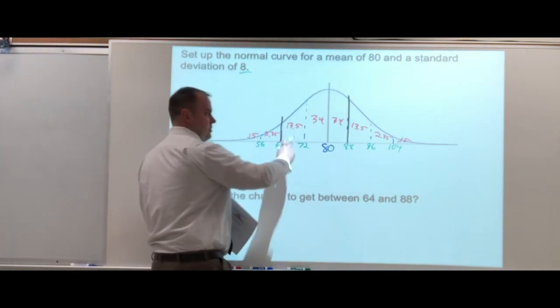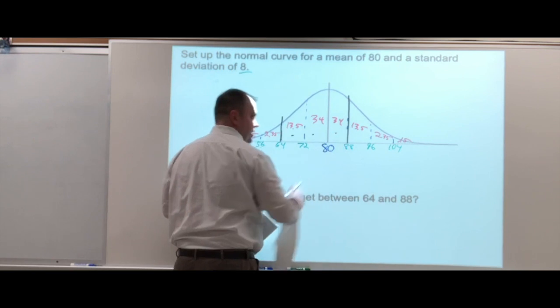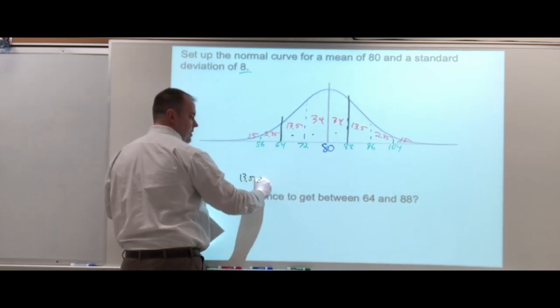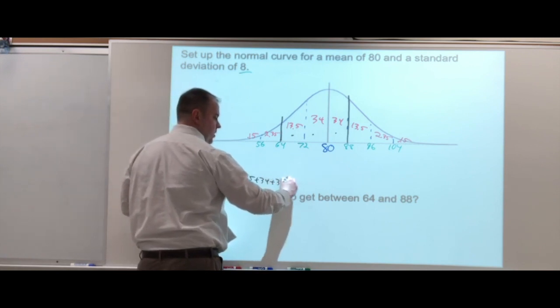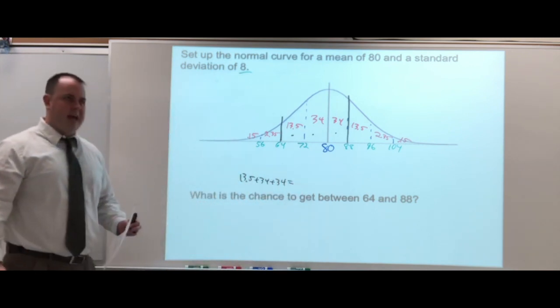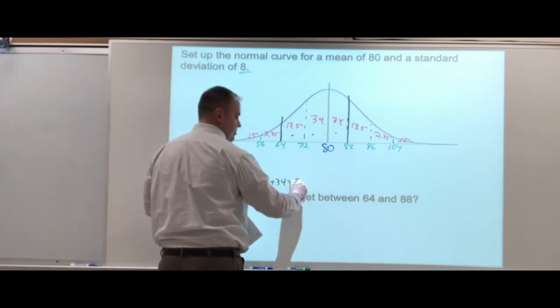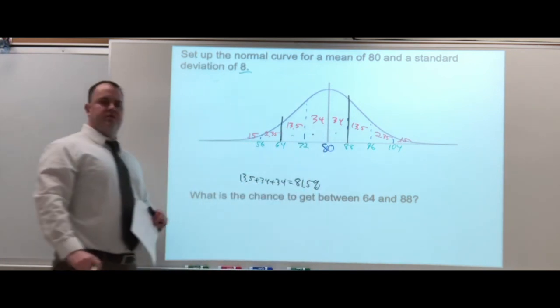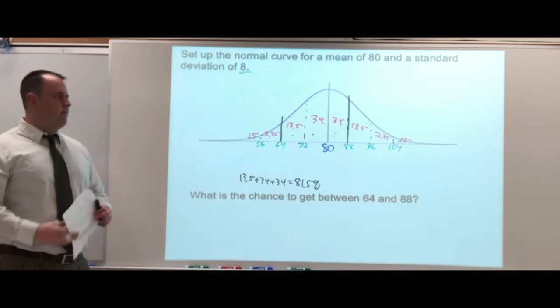So all the sections in between these, 1, 2, 3, we add up those percentages. 13.5, 34, 34, and if you add those up, you should get 81.5%. Falling into one of those three sections would be about 81.5%.